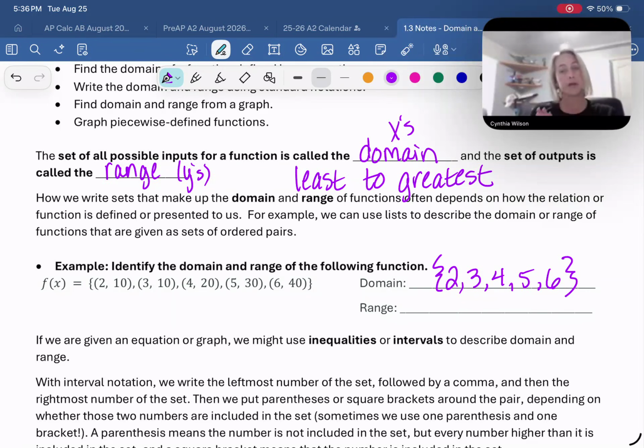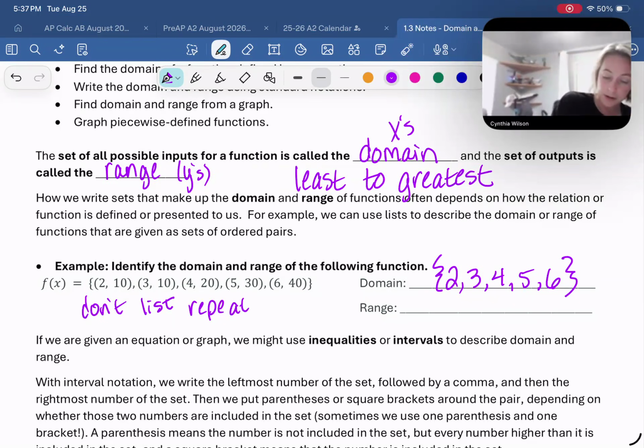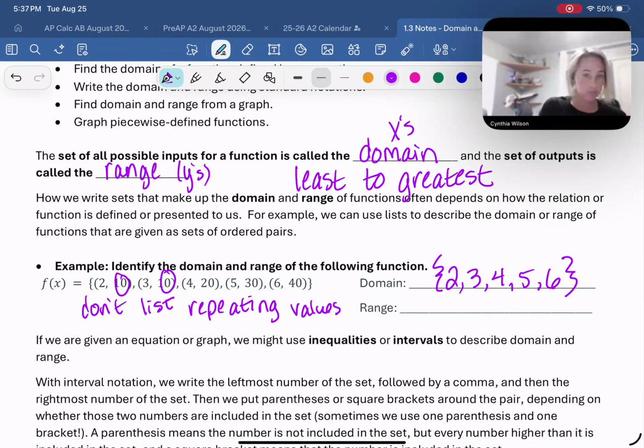All right, then we list range. You don't list repeating values. If the value is repeated, you only list it one time. I say that because we have a repeating 10. Not a big deal. I just only list it the one time.